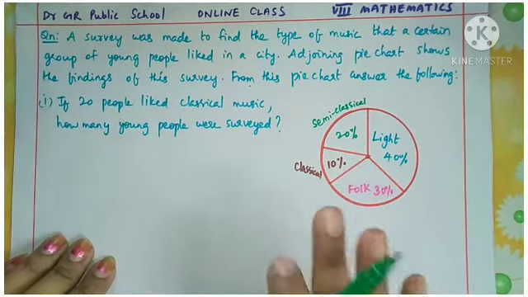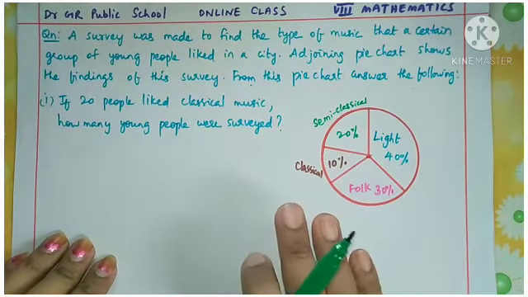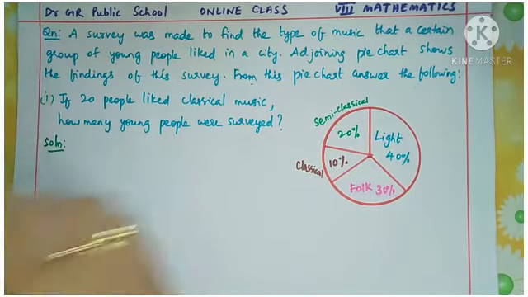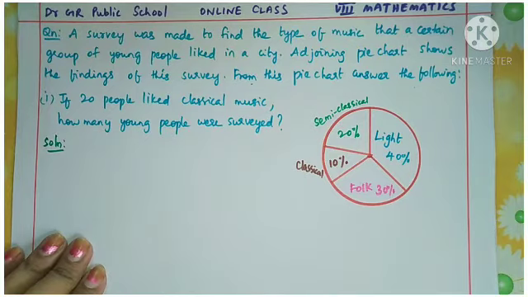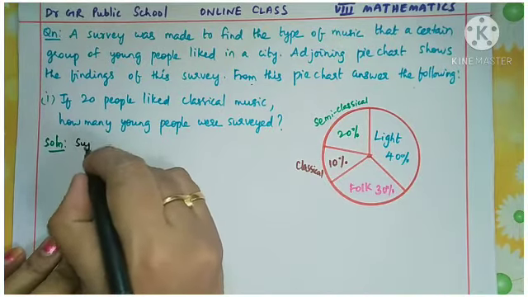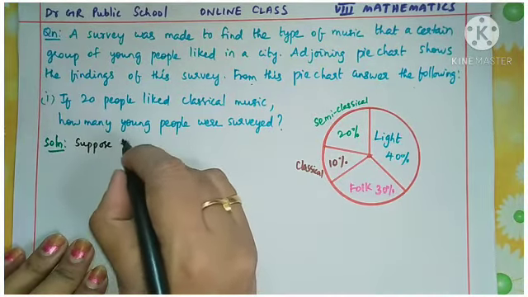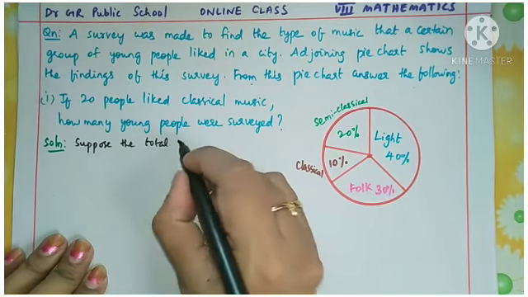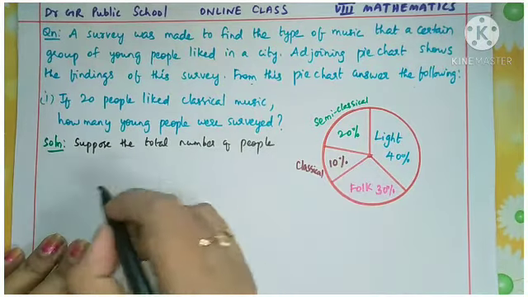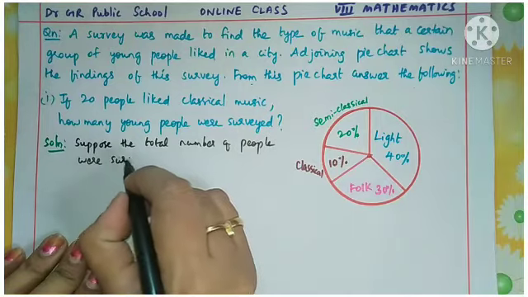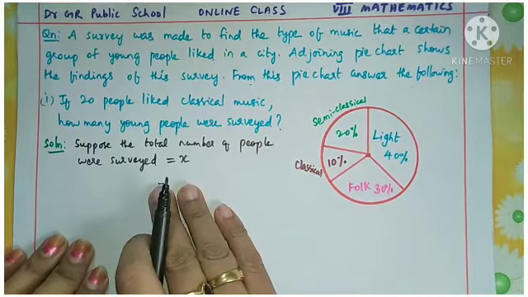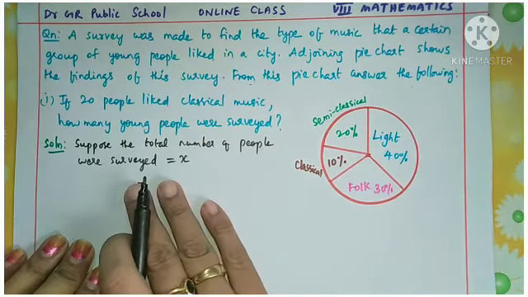Because we don't know how many people, we are going to assume that as a variable. So your solution: suppose the total number of people surveyed is equal to x. So we take the total number of people participated to be x.